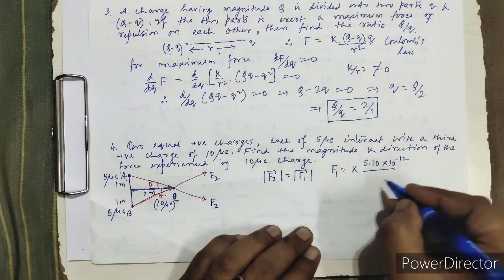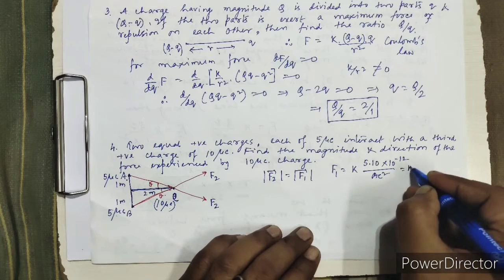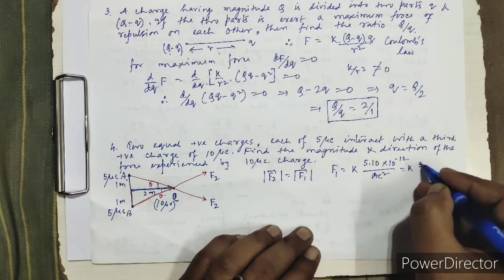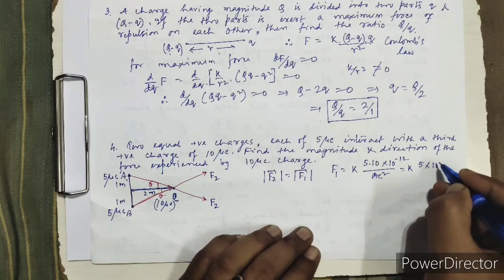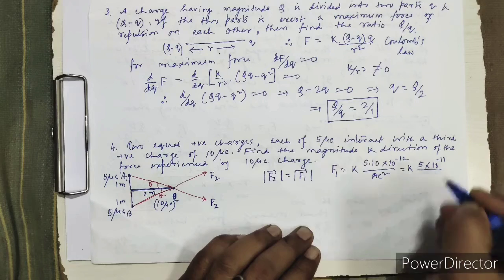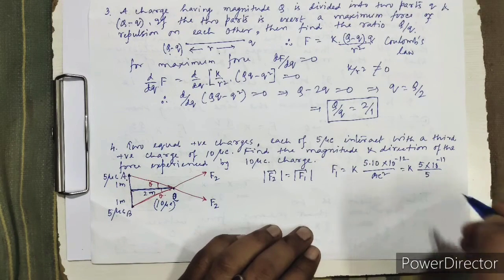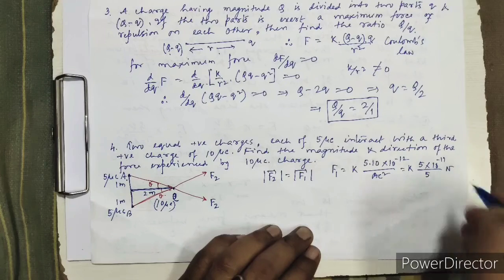That means AC square, K into 5 into 10 to the power minus 11 by 4 plus 1, 5 Newton.